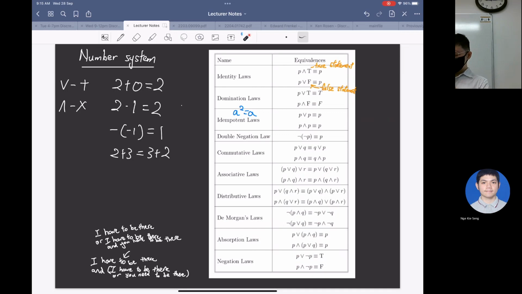And negation laws, the one we touched last week. We proved that P or not P is true, a tautology, and P and not P is false, a contradiction.